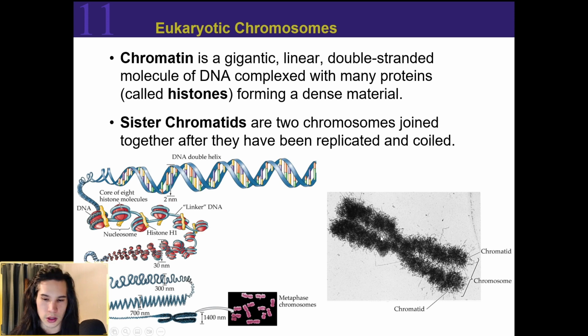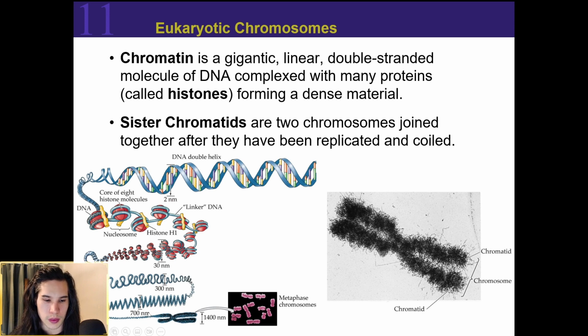So your DNA is going to replicate during S phase, and they won't appear to be these bilobed chromosomes until mitosis or mitotic phase. Again, you have this double-stranded DNA helix wrapped around these histones. We call these nucleosomes. You've got the linker DNA in between, and then they stack together to form a tighter coil.